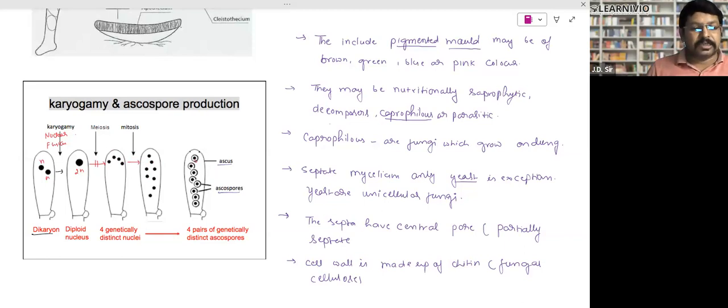These 8 nuclei get converted into small spores called ascospores, and they are haploid spores, right? And the body which covers these spores is called the ascus, right? So the number of ascospores will be either 4 or 8, right? So 4 genetically distinct nuclei, and 4 pairs of genetically distinct nuclei, will be formed. Tell me, these are the ascospores. So did you get this sexual reproduction in ascomycetes?